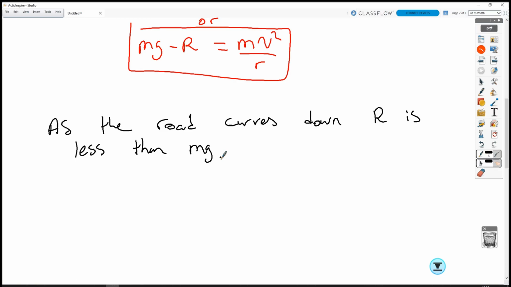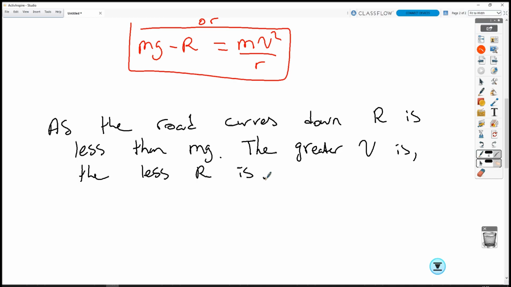The bigger the linear velocity is, the less R would be. And we can see that from the equation as well.